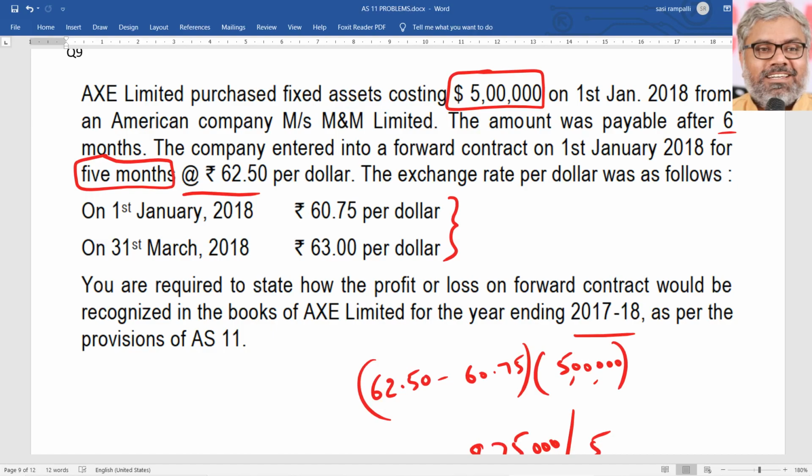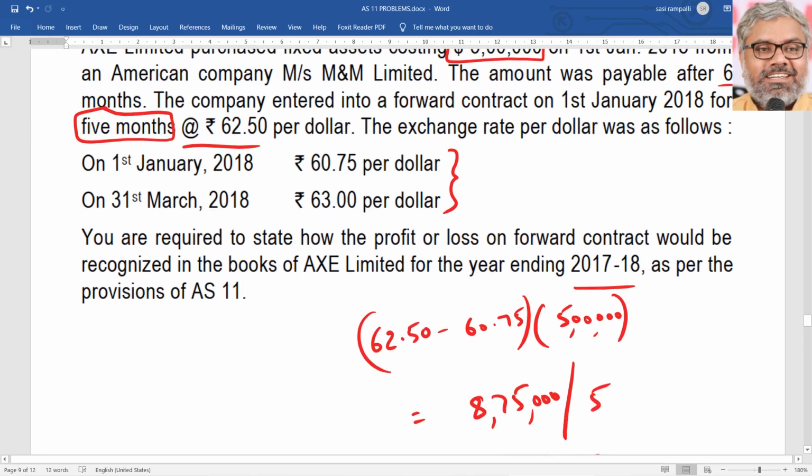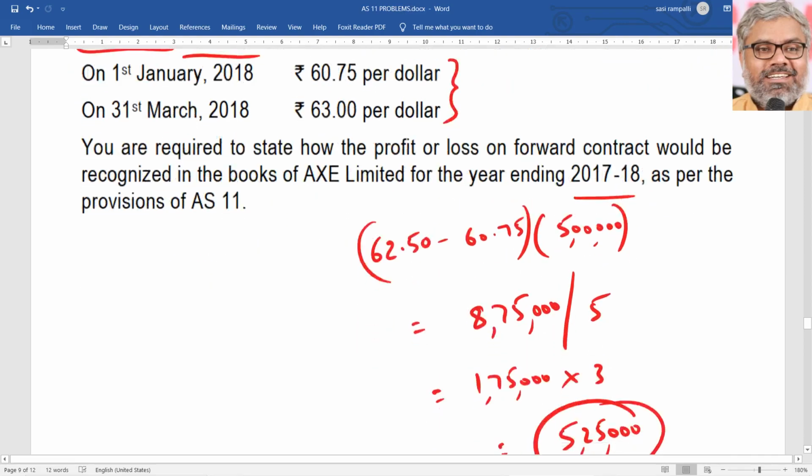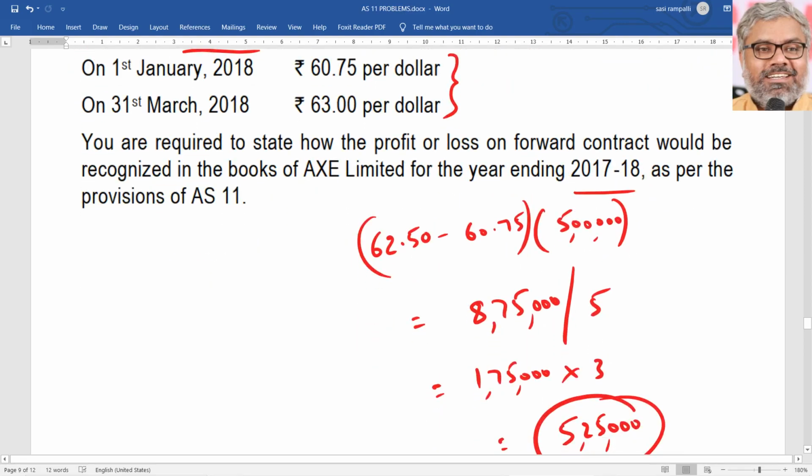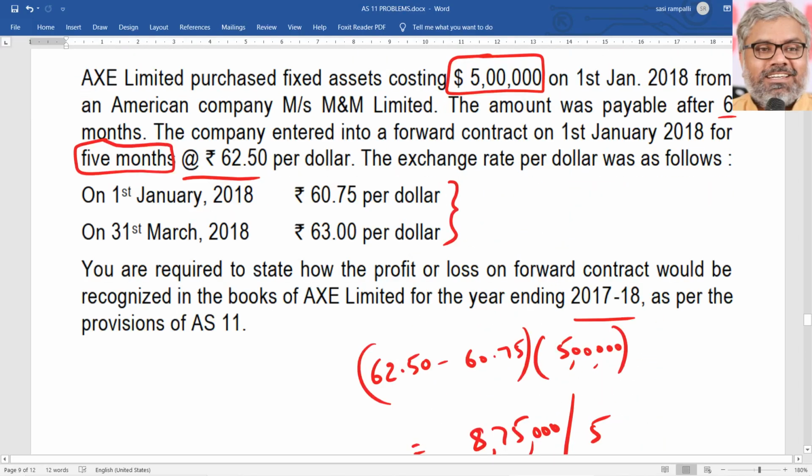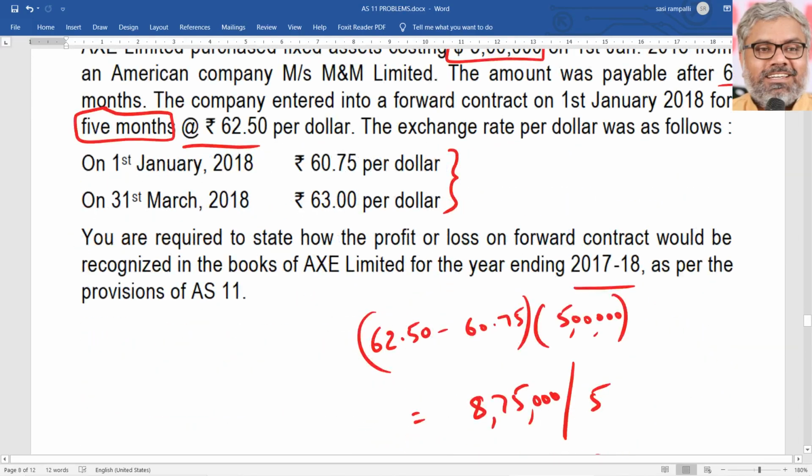Of course, we don't know when this is settled actually, so we cannot understand how that actual gain or loss will be treated later when the forward contract is actually settled. That will come later. But as far as speculative transaction is concerned, initial loss should not be recognized. Mark to market loss only should be recognized. But that doesn't make sense in this case. That is why we consider this as non-speculative transaction and recognize the loss of 1,75,000 per month multiplied with 3 months, that is 5,25,000 in the year 2017-18. That's it.